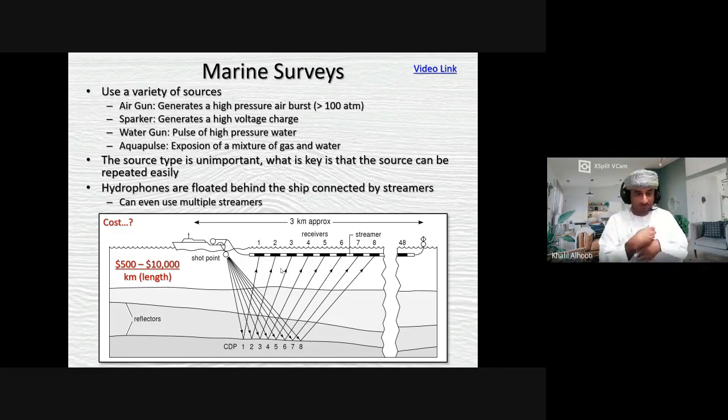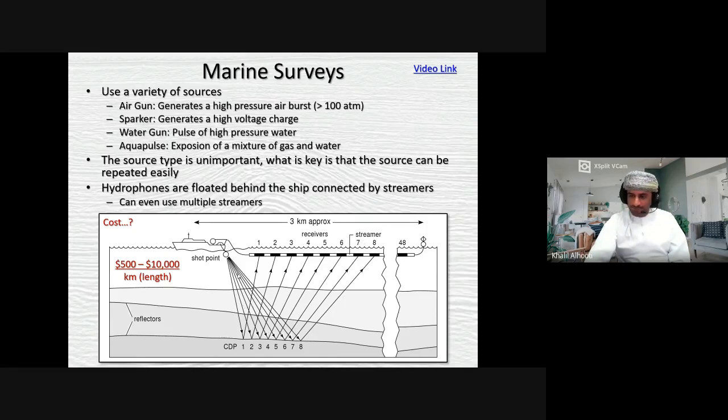Instead of going everywhere surveying every point, as is the case for land survey, we just tie it behind the end of the streamer. Those are the hydrophone or receiver numbers 1, 2, 3. That's the streamer. This is the shot point.